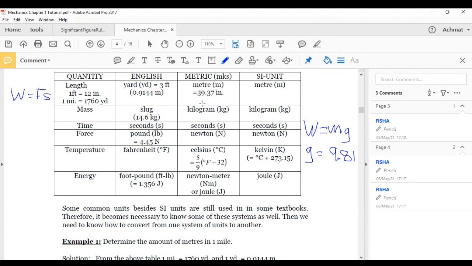The metric system will be the Newton meter or the joule, and the SI unit will be seen as being the joule. Again, the energy, according to this formula, is a combination, right? So this here is Newton, rather kilogram times meters per second squared, and this here is also meters.